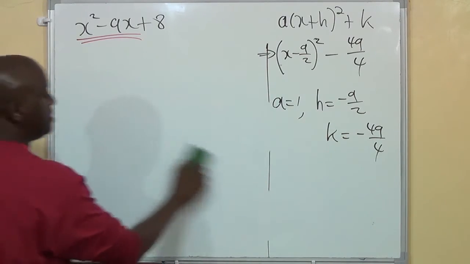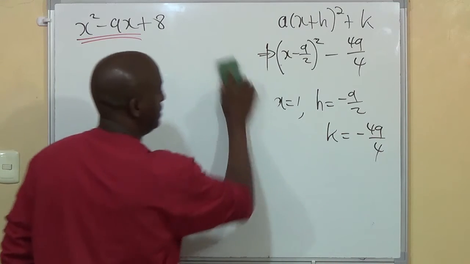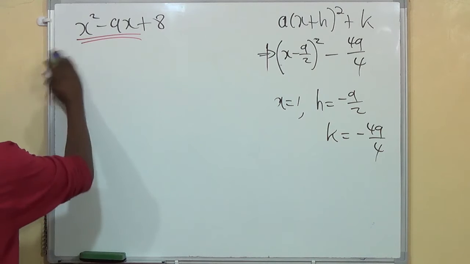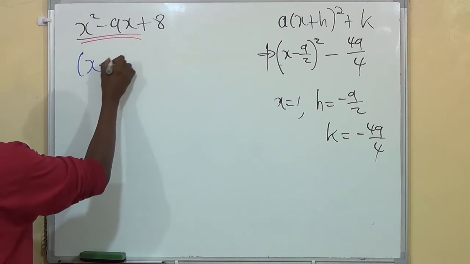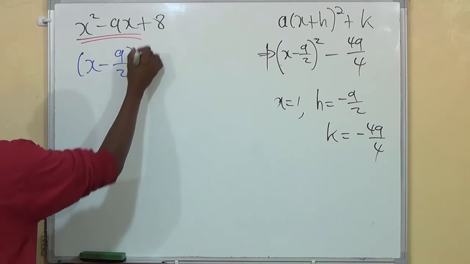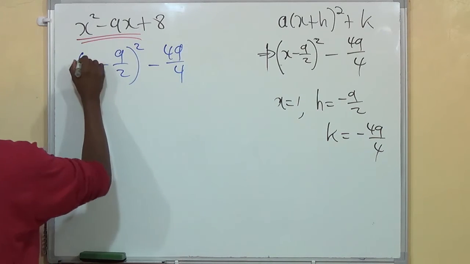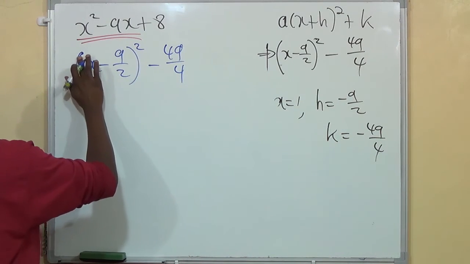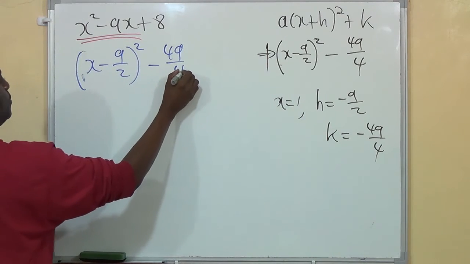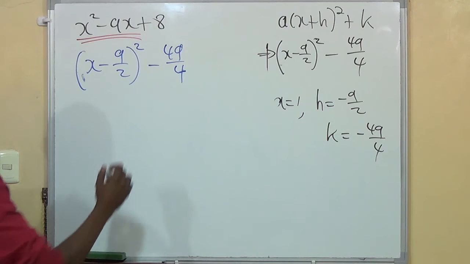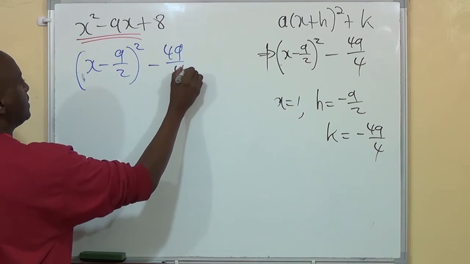Don't forget, you always have the option to rewind or to pause. So we're starting off with x minus 9 over 2 squared, and we minus 49 over 4 from that, and we want to verify that in truth and in fact we'll end up with this here, x squared minus 9x plus 8.